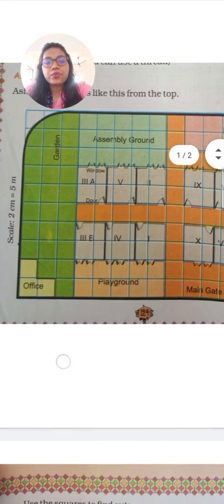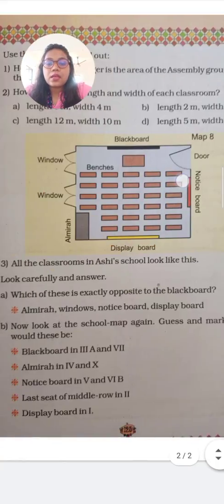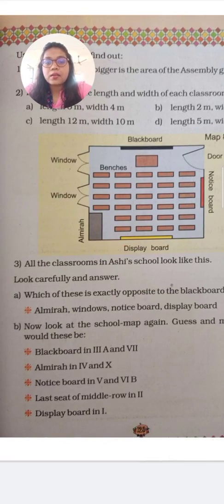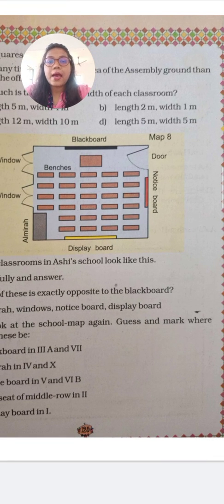So you have to look in the map and try to answer the questions. You just have to assume that the blackboard can come on the right side, left side of the classroom, whatever.